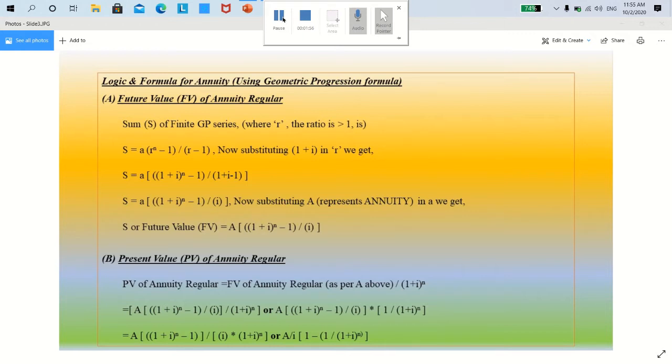Well, students, as I said earlier, there is nothing actually to get worried about this particular topic, which is annuity. Reason being, most of you would have studied geometric progression in your life in mathematics, correct?